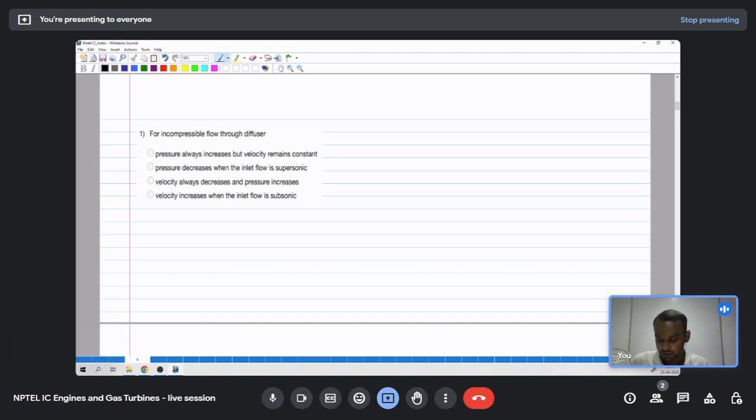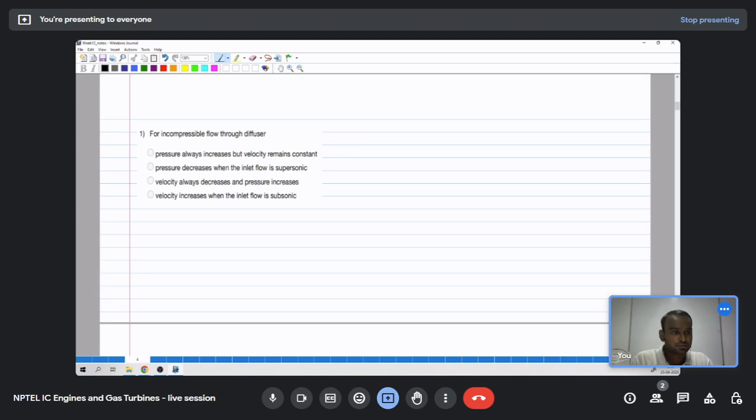The first question is, for incompressible flow through a diffuser, which of the following is right? Pressure always increases but velocity remains constant. Pressure decreases when the inlet flow is supersonic. Velocity always decreases and pressure increases. Velocity increases when the inlet flow is subsonic.